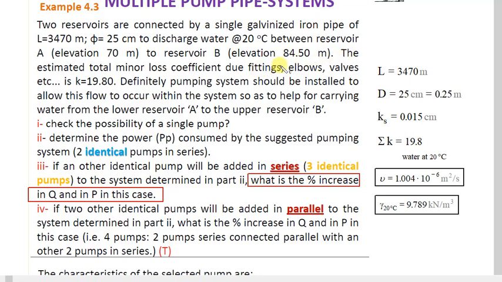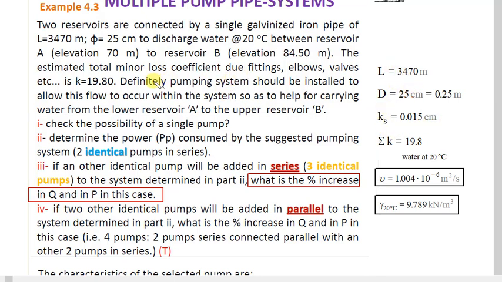The estimated total minor loss coefficient due to fittings, elbows, valves, etc. is 19.8. This is summation K. Here I wrote it, summation K. And they said galvanized iron, so I have put the Ks for galvanized iron. Length and diameter I wrote it.